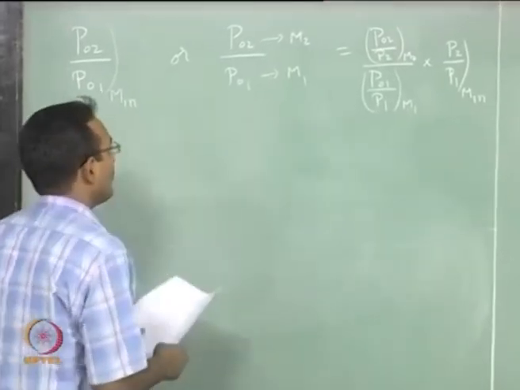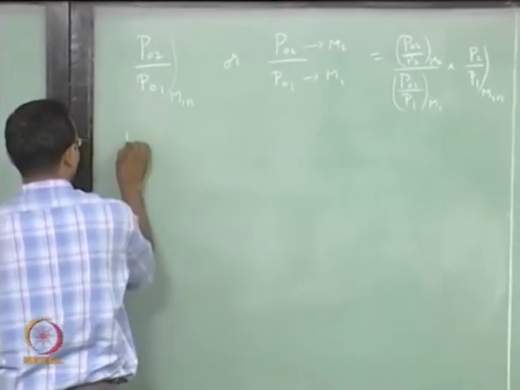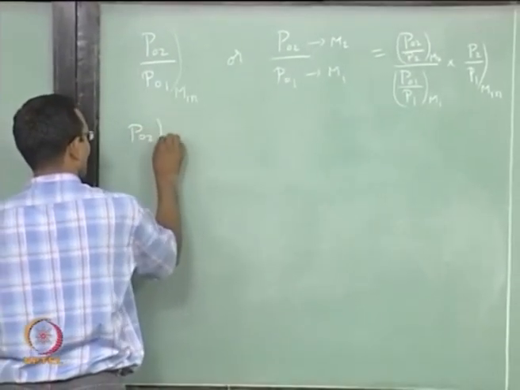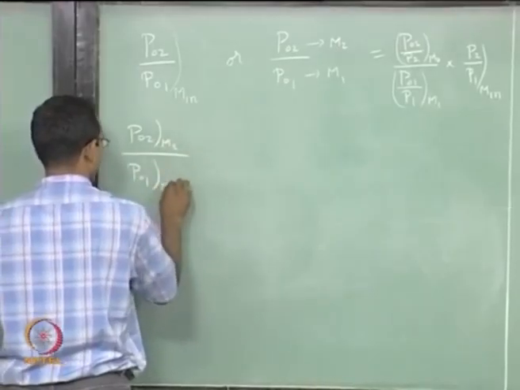So, now we want to write the expressions for these. Since I started that, I will write P02 from M2 divided by P01 from M1.